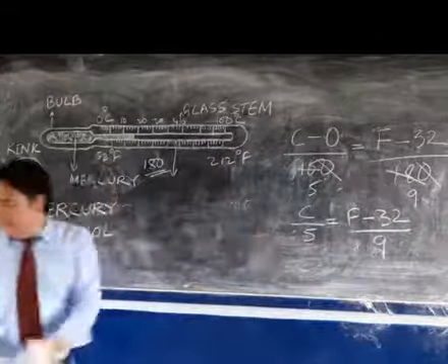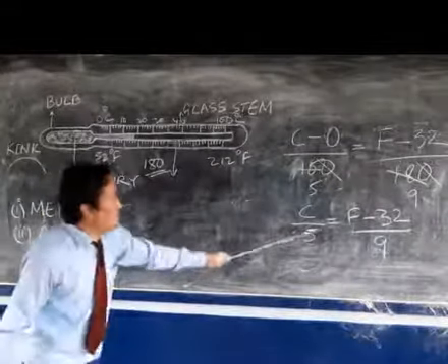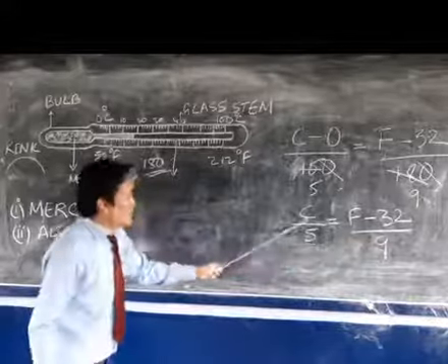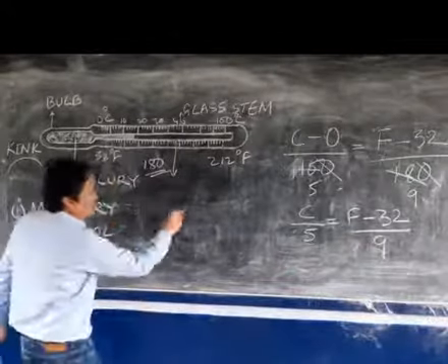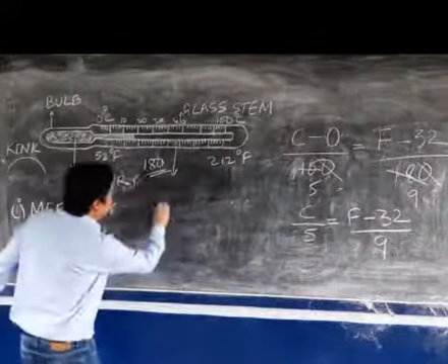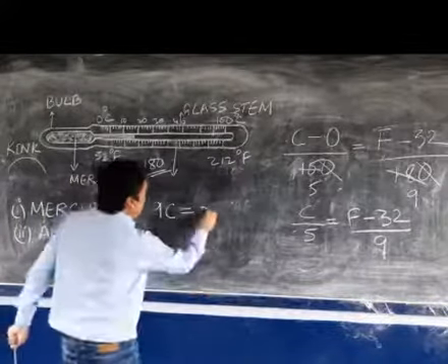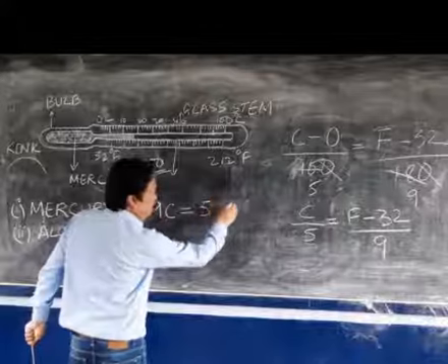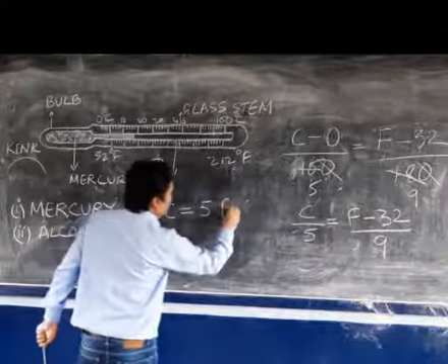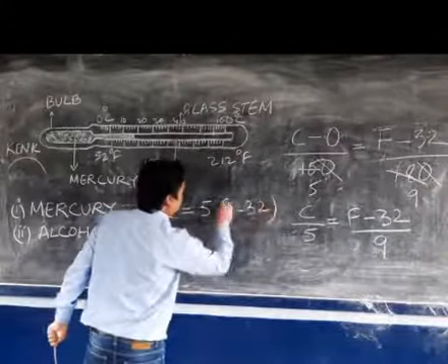Now, see this relation here, C upon 5 equals to F minus 32 upon 9. Now cross multiply here. C into 9, 9C equals to, cross multiplied here, 5 into F minus 32.